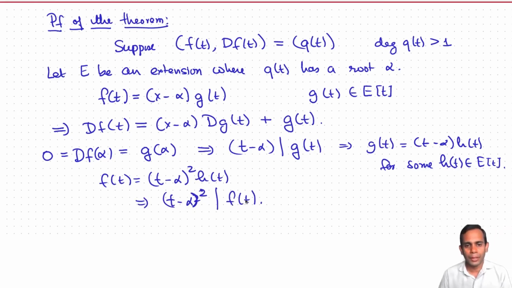So this proves the result in one direction, that if the GCD of a polynomial and its derivative is not 1, then the polynomial has a multiple root.